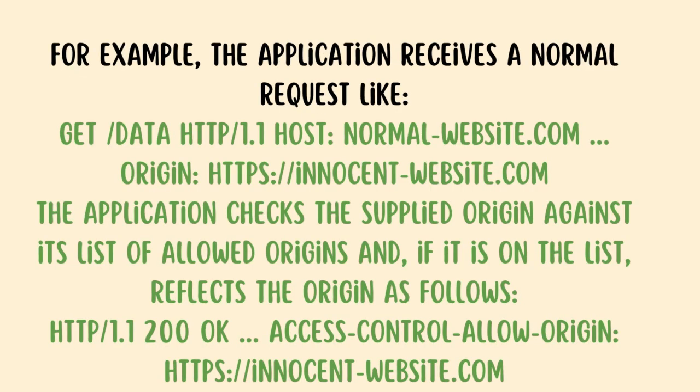For example, the application receives a normal request like GET /data HTTP/1.1, Host: normal-website.com, Origin: https://innocent-website.com. The application checks the supplied origin against its list of allowed origins, and if it is on the list, reflects the origin as follows: HTTP/1.1 200 OK, Access-Control-Allow-Origin.